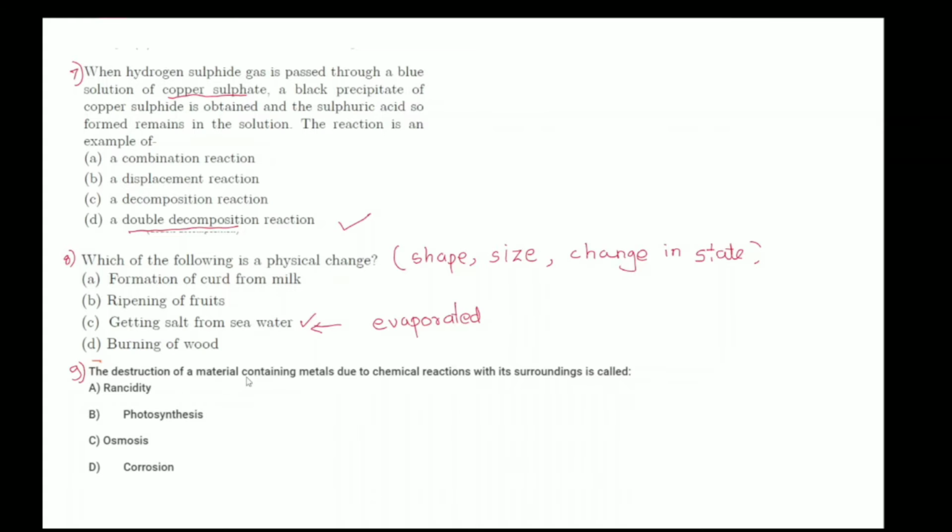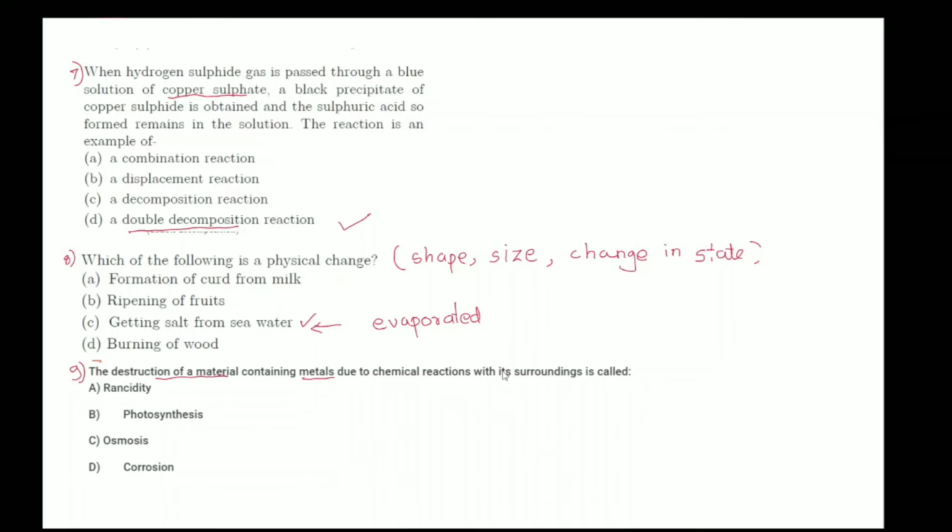The destruction of a material containing metal due to chemical reaction with its surroundings is called rancidity, photosynthesis, osmosis or corrosion. So the metal is getting degraded, it is slowly converted into some other material due to chemical reaction with its surroundings.